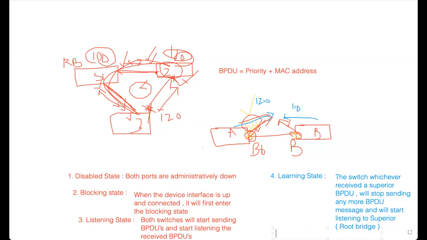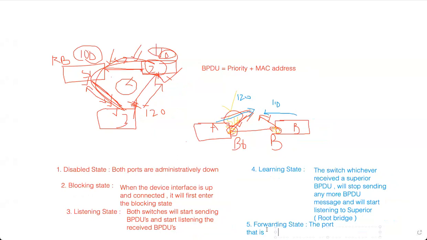And what is the last state? The last state is called forwarding state. In the forwarding state, the port that is elected on the root bridge will start forwarding packets.